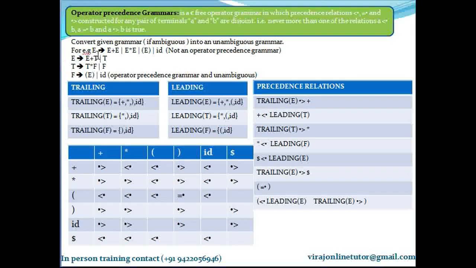Then, since multiply was left associative, I made this production left recursive. So this symbol was placed as the leftmost symbol on the left hand side of the asterisk. That made this left recursive.